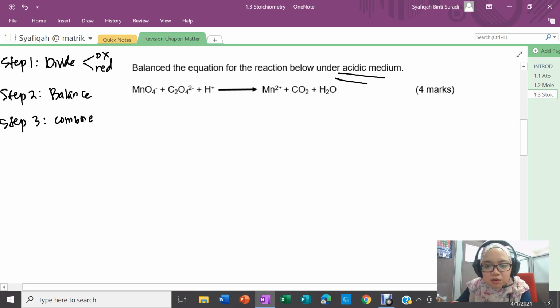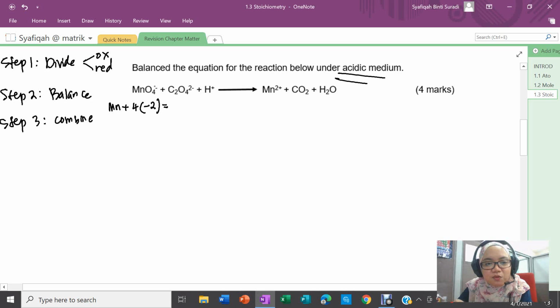So, Mn ni awak tahu oxidation dia 2+. Kita tak tahu yang ni. So, nak kena cari. Macam nak cari? Okay, so kita tahu Mn tambah dengan oxidation state for, so ada 4 oksigen, so 4 kali dengan, so oksigen ni dia punya oxidation number yang common adalah negative 2.